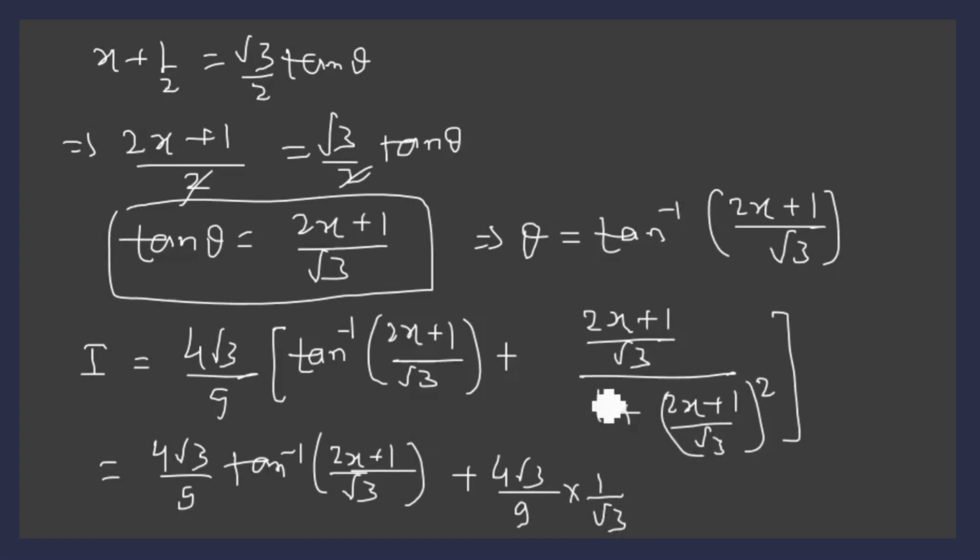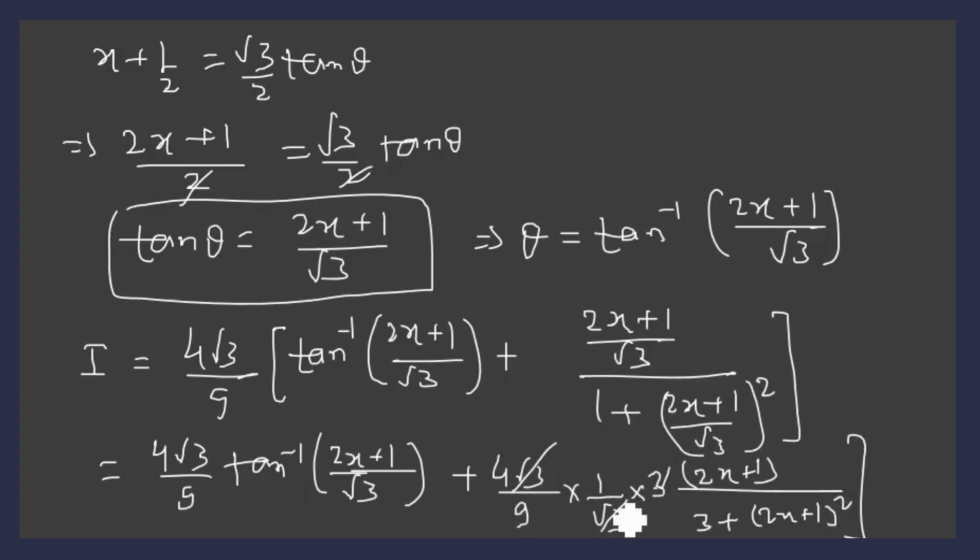If you take the LCM, the 3 goes up in the numerator with 2x plus 1, and the denominator is 3 plus 2x plus 1 whole square. We can cancel root 3 with root 3, and 9 by 3 is 3. Now we need to simplify this.